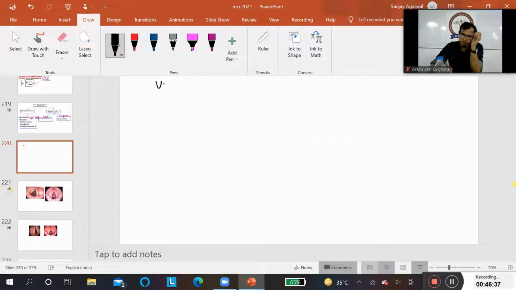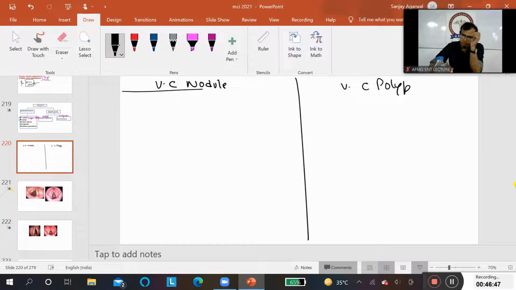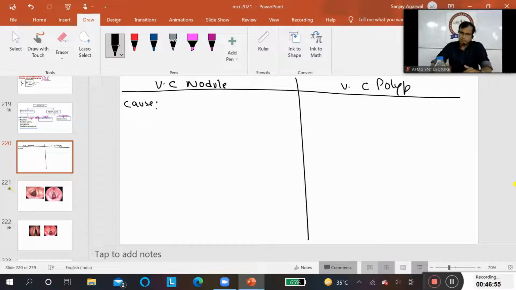Vocal cord nodule versus vocal cord polyp. 6 points about nodule, 6 points about polyp. Common points: the cause is the same. What is the cause?